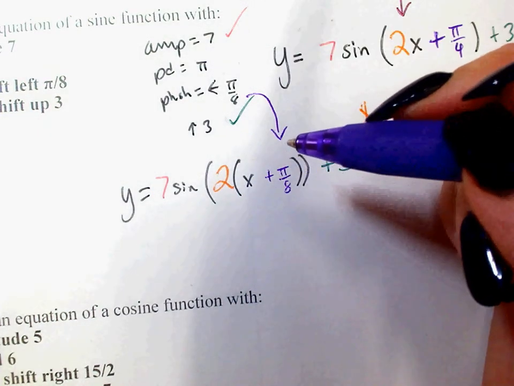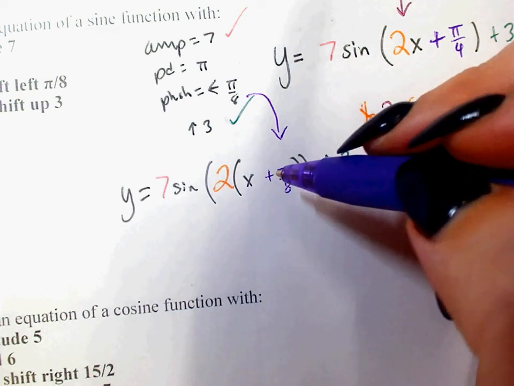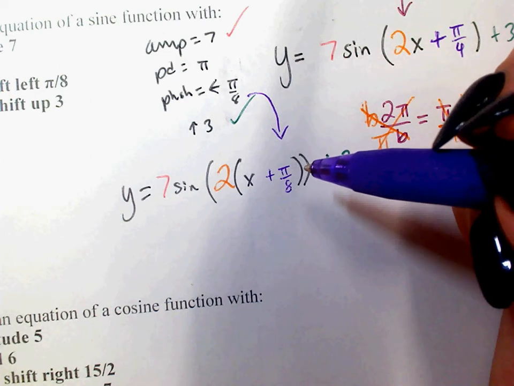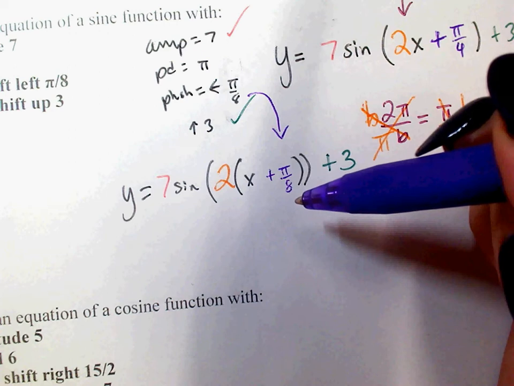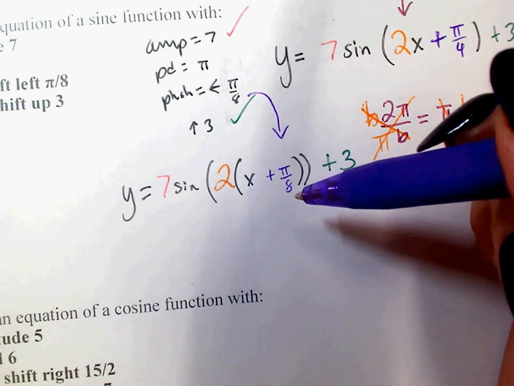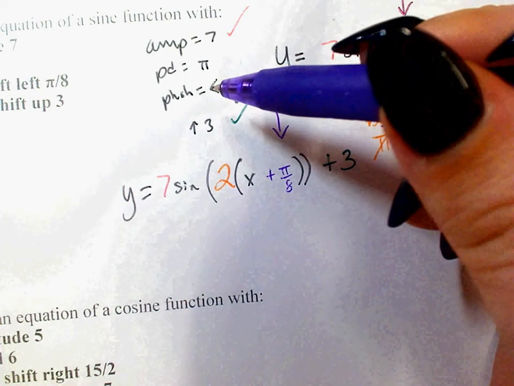Do you guys remember doing that, where if you factor out this, then you have the left or the right there? Why is it plus? Because the opposite, because they're going left. True. That's not my final answer, though.